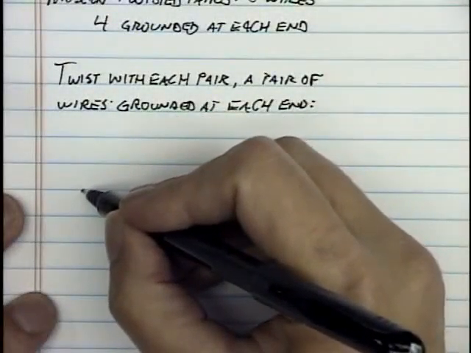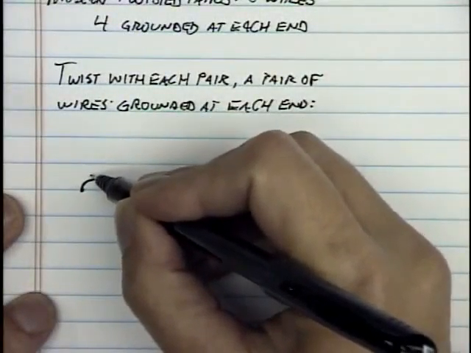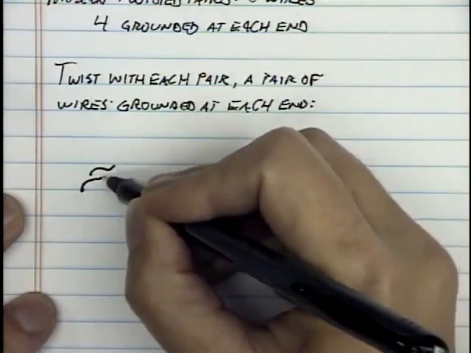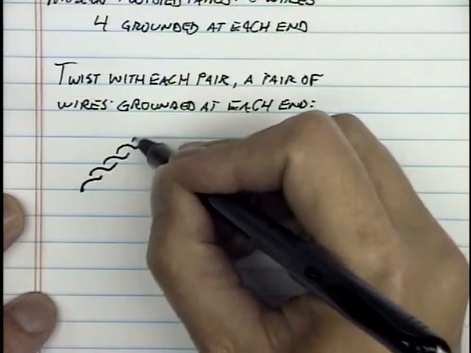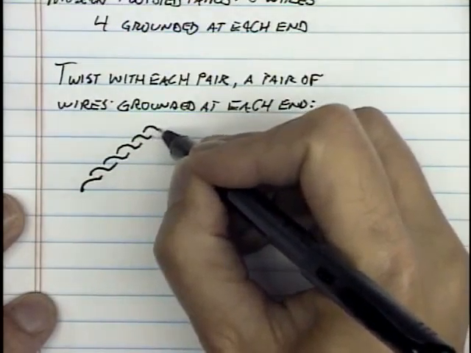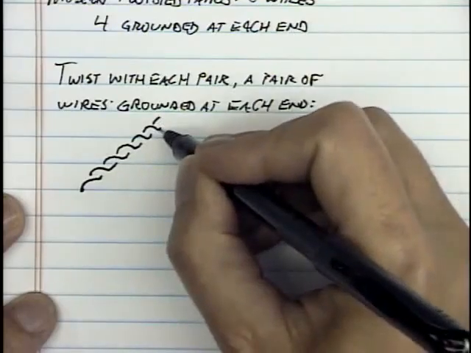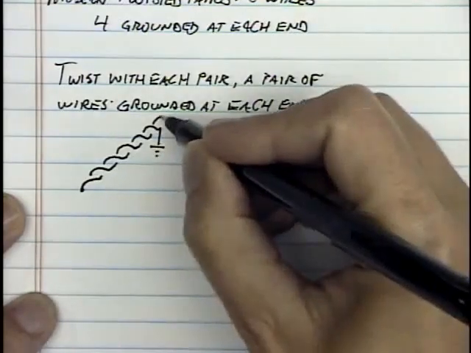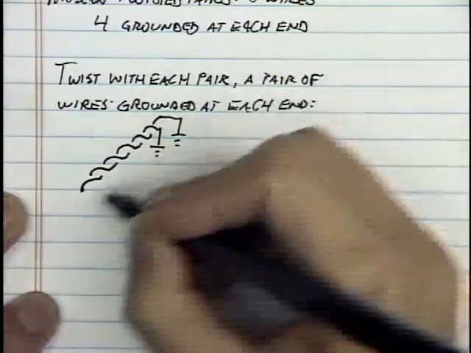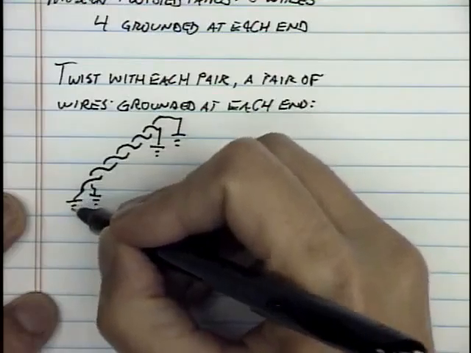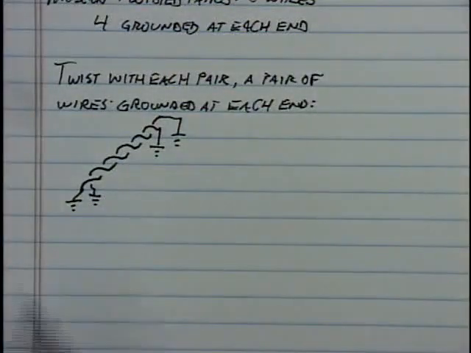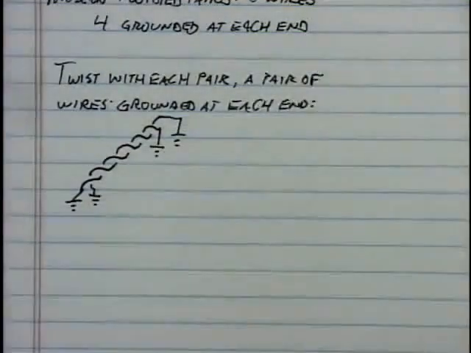I'll draw one pair because I'm getting tired of drawing these pairs. These are twisted along with each pair. So think of having actually 4 wires in there, in that bunch. And those 4 wires make up the transmit side, and similarly 4 wires like that make up the receive side.